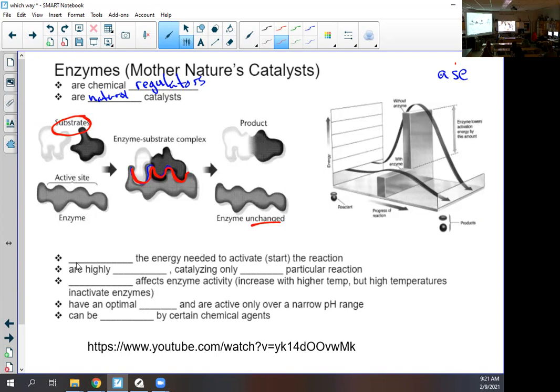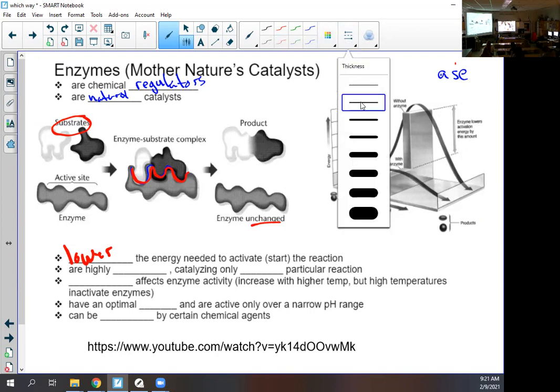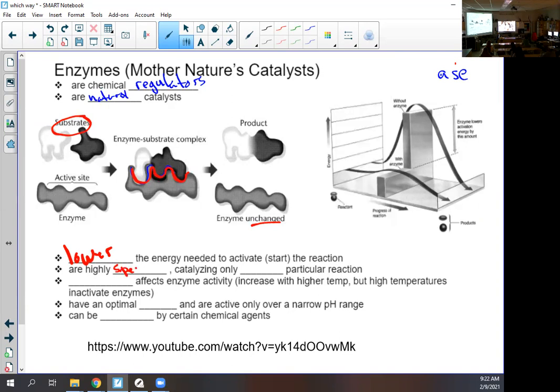All right, enzymes are awesome because they lower the energy needed to activate or start a chemical reaction. Next, they are highly specific. Ooh, that's gonna be hard. Catalyzing only one particular reaction.